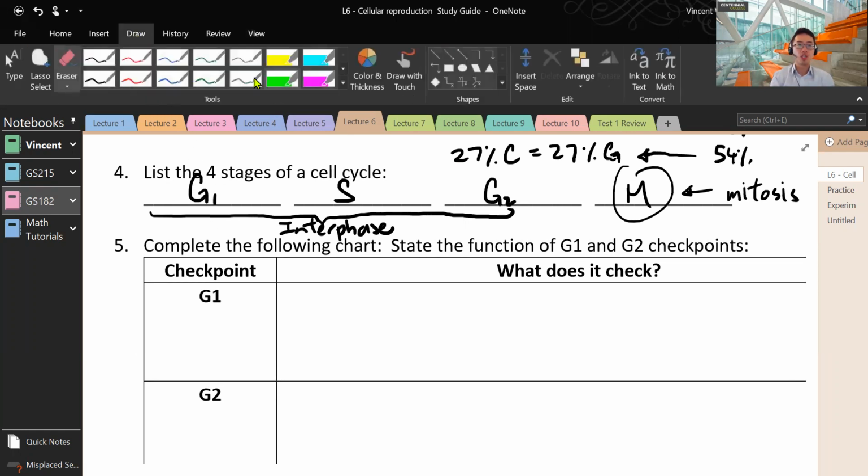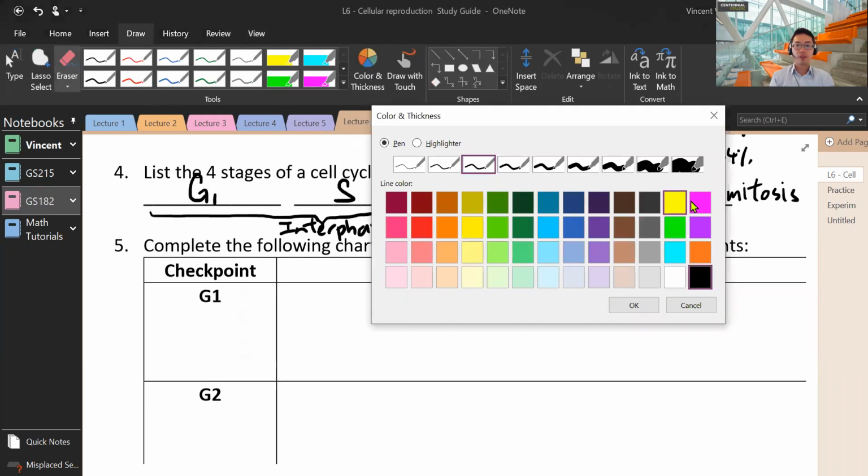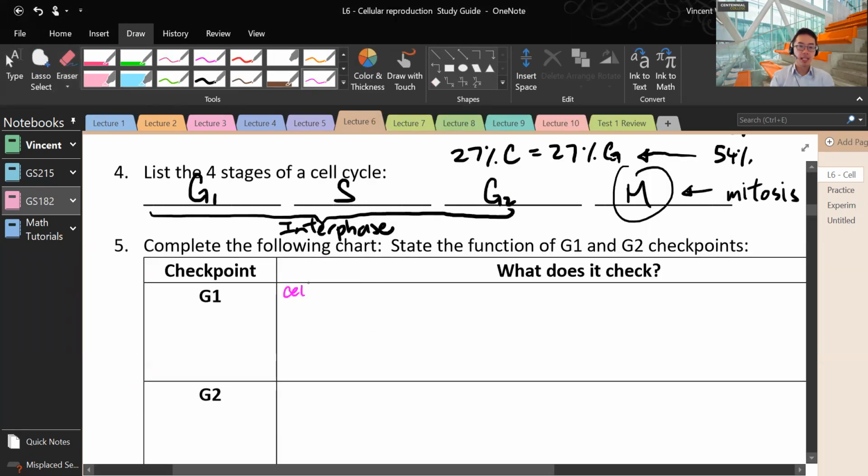So, for example, in G1, we can check for things like cell size. Okay, cell size. Is the cell large enough to divide? Okay.